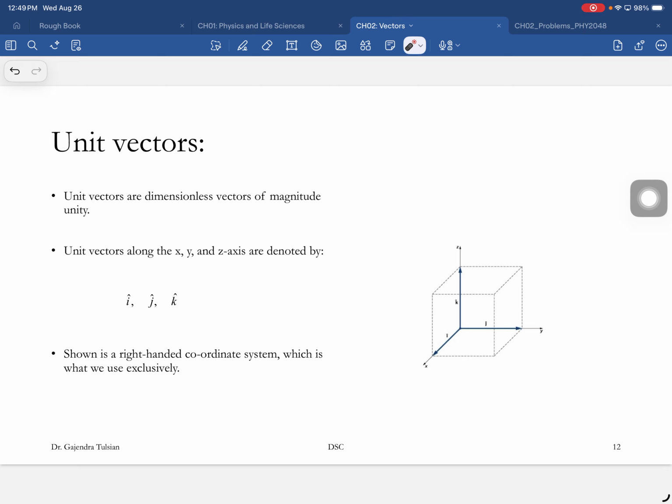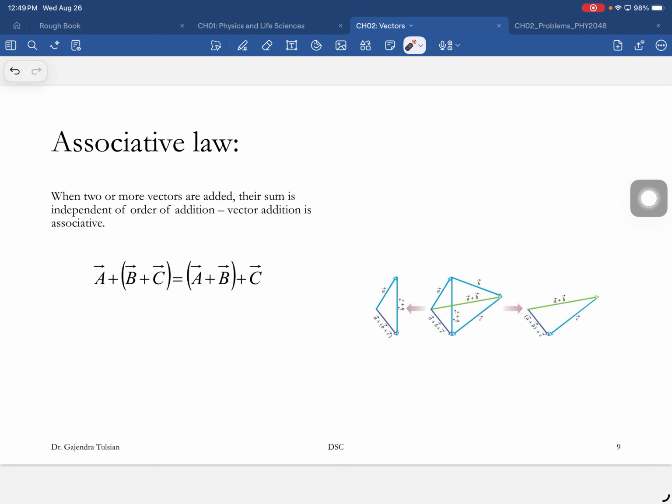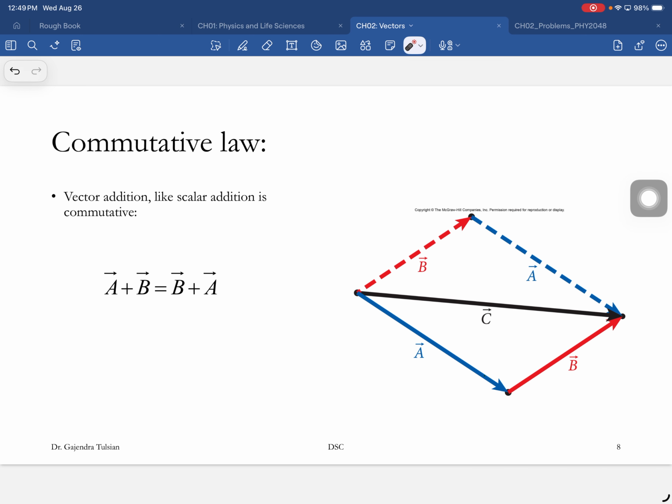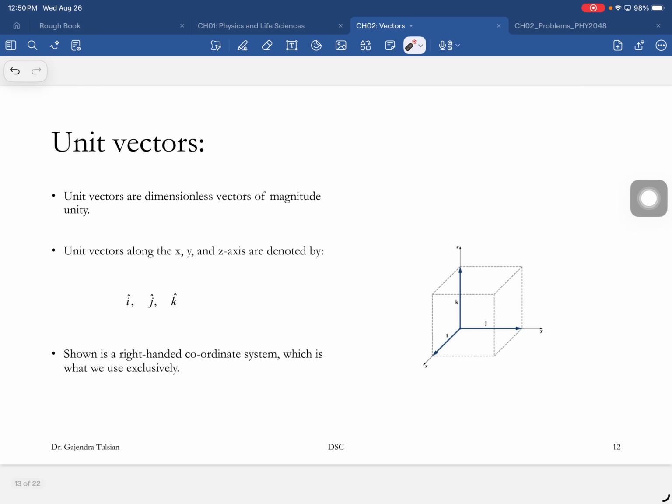You don't want to be drawing pictures all the time. So if you wanted to add these two guys via pictures, you would have to draw this to correct length to get an accurate answer, and we don't have the time for all of it. So you want to be able to add them algebraically. All right, so let's develop the tools for this.